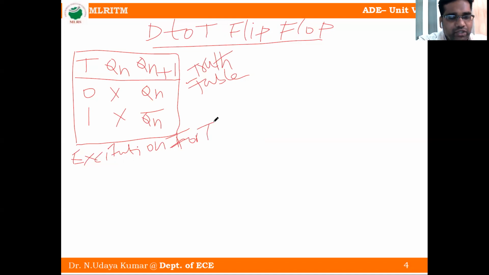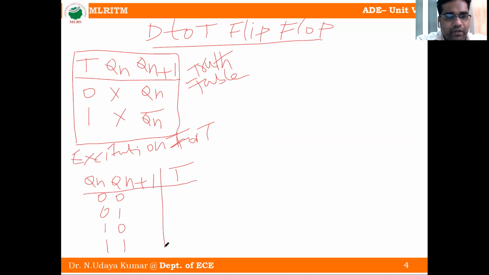The excitation table starts with present state Qn, next state Qn+1 and T. So that means 0 0, 0 1, 1 0, 1 1. For 0 0 and 0 1 we have to remember the excitation values. Okay, this is the excitation table for T flip-flop.